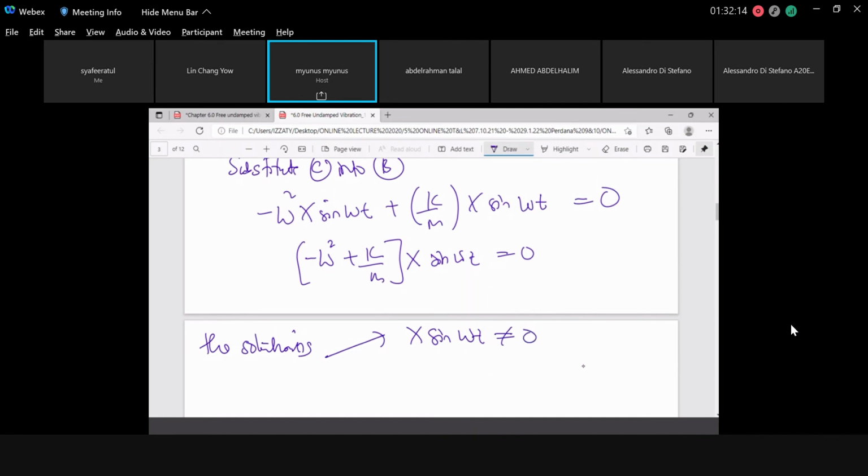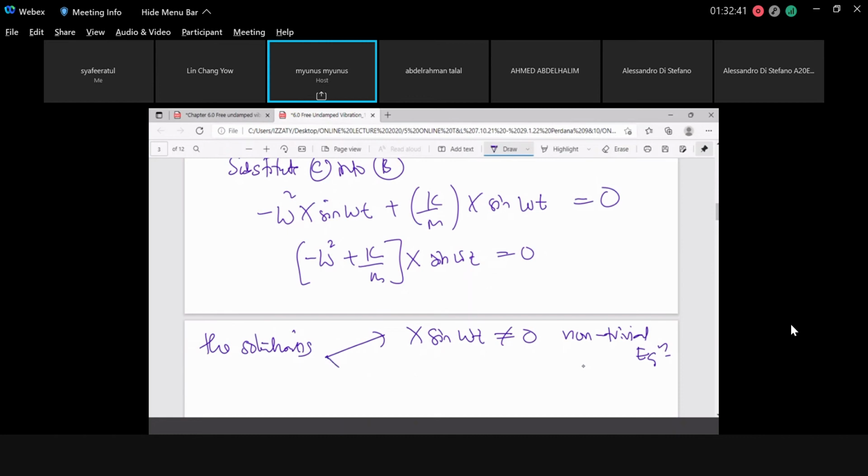We call it the non-trivial equation. What is the non-trivial equation? If this one equals 0, what does it mean? There is no oscillation. So it cannot be 0, it must be not equal to 0. If it is equal to 0, everything becomes 0. So what does that mean? The spring will become static. The system will be in static.